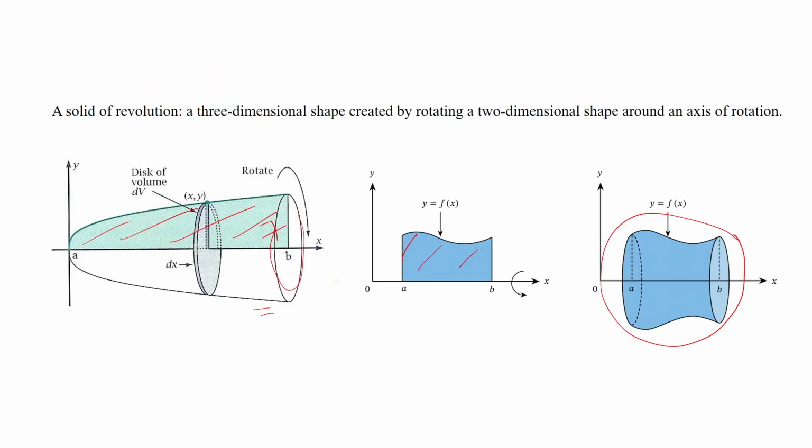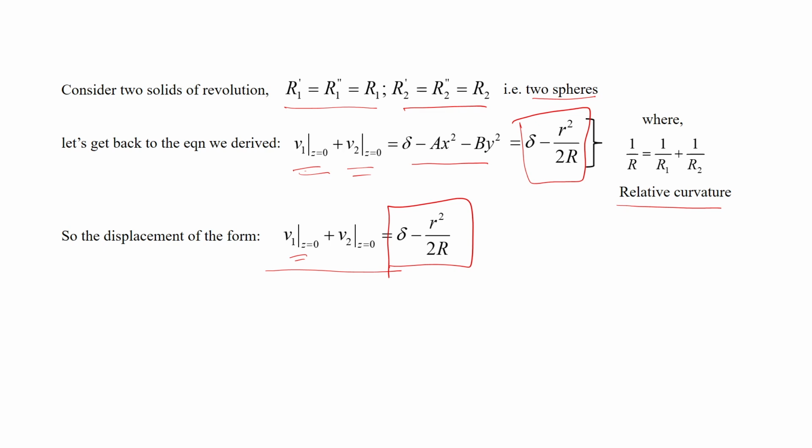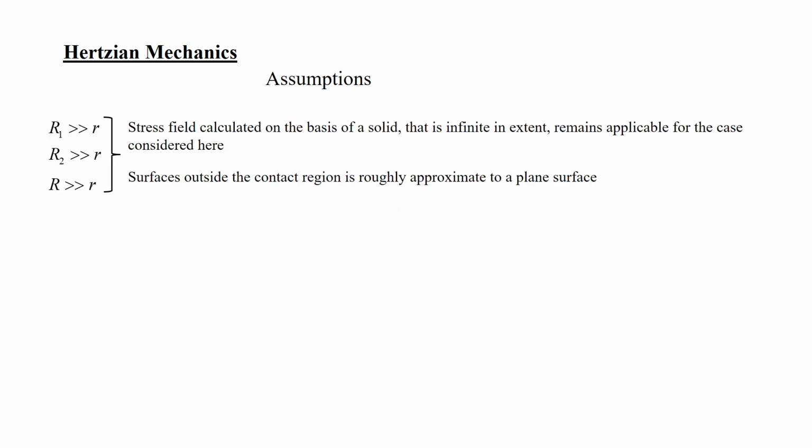So, R1 and R2 are much larger than the contact radius. That means the stress field that I will be calculating on the basis of a solid is infinite in extent. With respect to the stressed region, the solid is actually much larger.